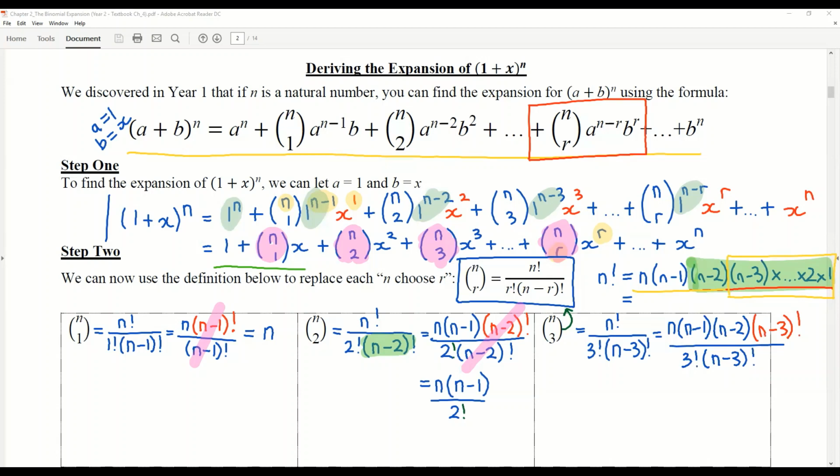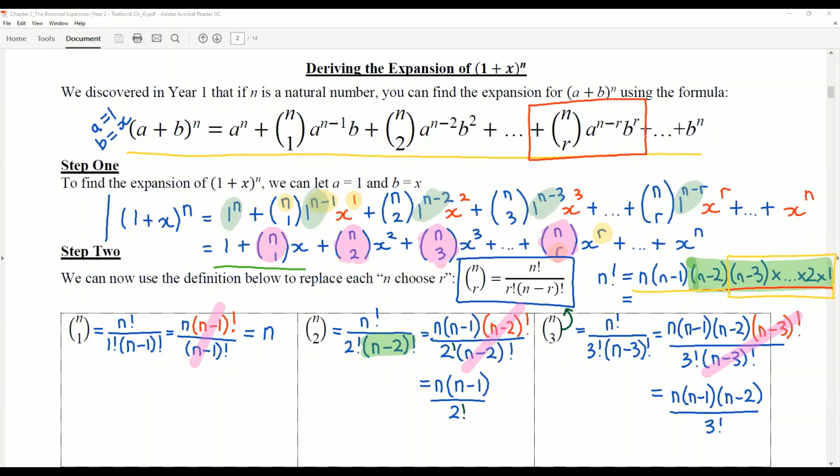And I think the pattern's starting to emerge now, isn't it? So we get this lovely cancellation, n minus 3 factorials go. So there's no factorials at all. So this is n subtract 1, n subtract 2, all over 3 factorial.